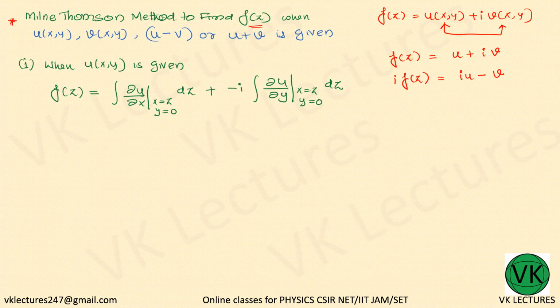Now let's add these two quantities. 1 plus 2 gives f of z into 1 plus i is equal to, on the right hand side, u minus v plus i into u plus v.